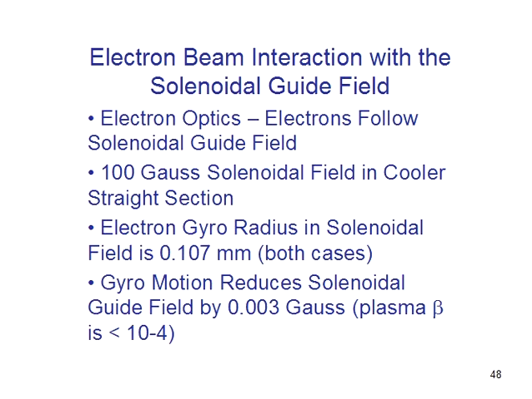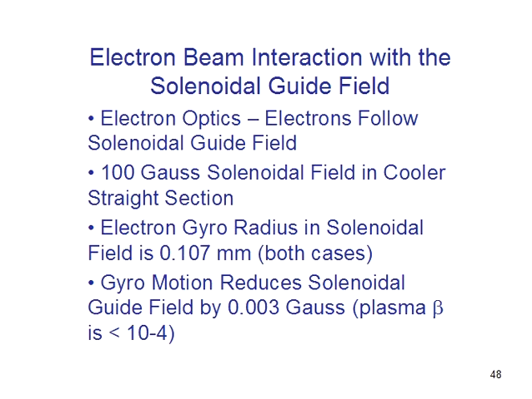The first interaction to study of the electron beam is the interaction that the electron beam has with the solenoidal guide field. The electron optics become trivial, as the electron optics follow the solenoidal and toroidal guide fields that are present in the system. It's been calculated that a 100 Gauss solenoidal field in the cooler straight section is sufficient to accomplish this task.